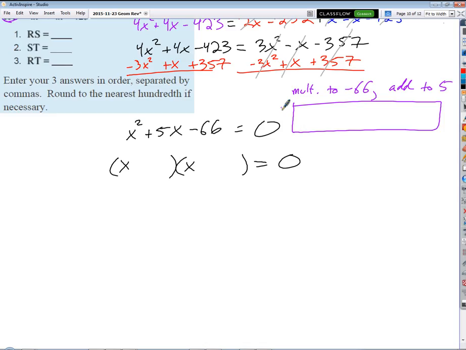What are those numbers going to be? Yeah, we did this, so you might remember this. I just want to make sure we never finished it up. So the numbers are positive 11, negative 6. Those numbers add to positive 5 and they multiply to negative 66, right? So plus 11 minus 6.